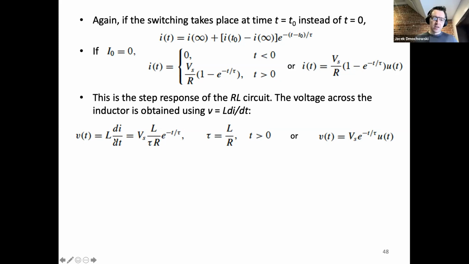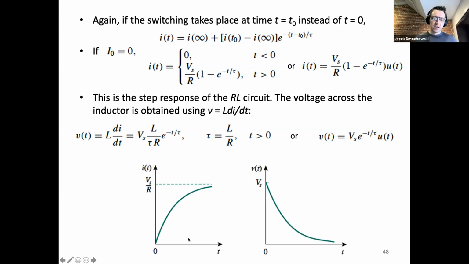Okay, so if you take this solution and differentiate it, multiply it by L, then you get this form. In other words, the voltage is equal to big V of S, that's the battery voltage, multiplied by the exponential, and it is 0 up until time 0. Okay, so again, the picture I think is very helpful.